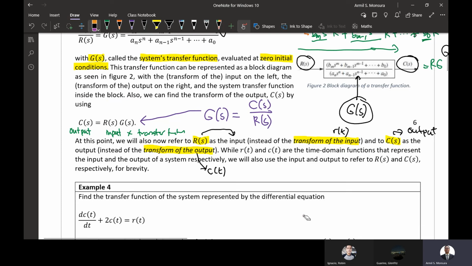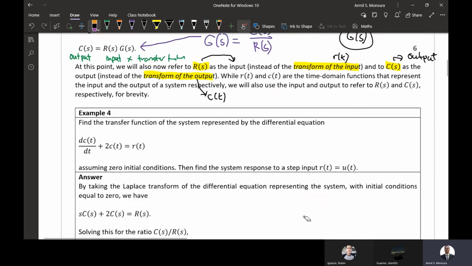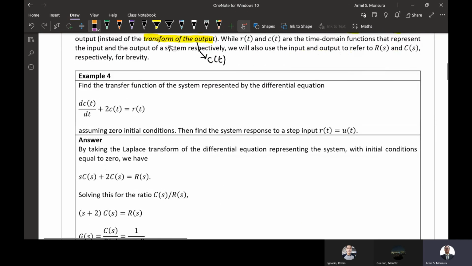Okay? So there. Now let's have example 4. Okay? Let's have example 4 in which we are asked to find the transfer function of the system represented by this differential equation, assuming zero initial conditions. Okay. In the future, baka hindi na natin banggitin ng paulit-ulit itong zero initial conditions.